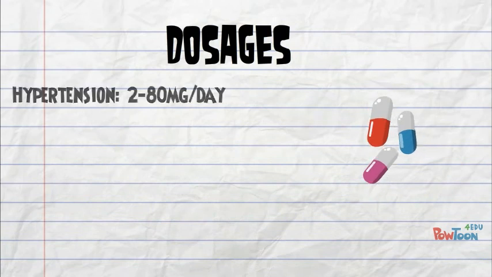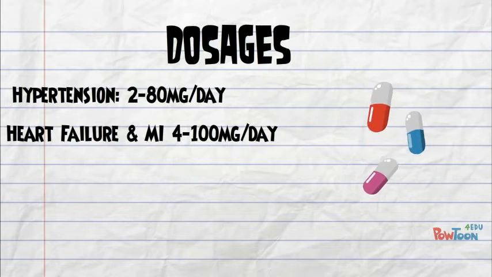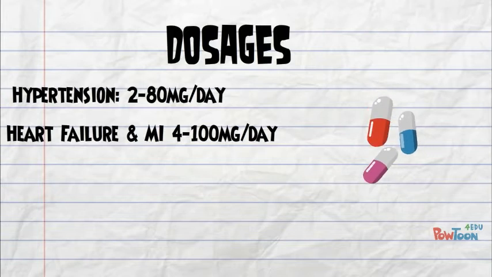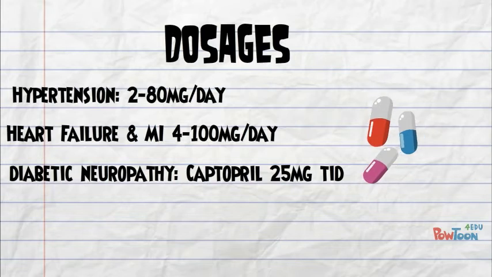Normal dosages for adults with hypertension range from 2 milligrams to 80 milligrams a day. For heart failure and myocardial infarction, range from 4 milligrams to 100 milligrams a day. And for patients with diabetic neuropathy, they can use captopril at a dosage of 25 milligrams 3 times a day.